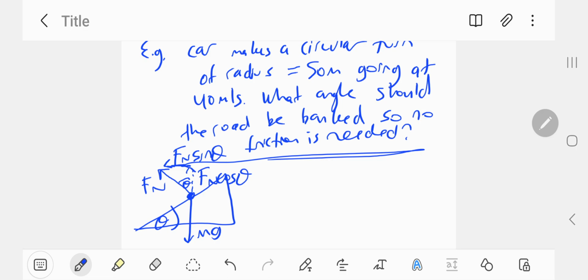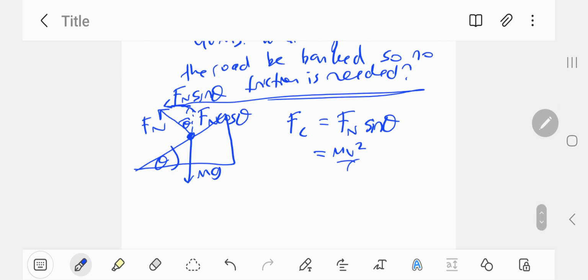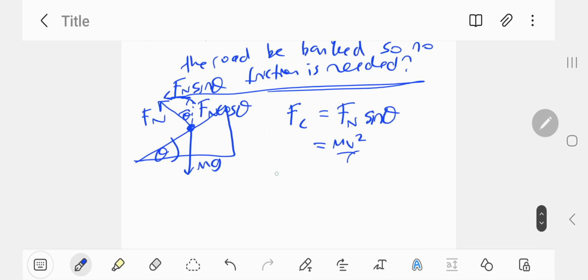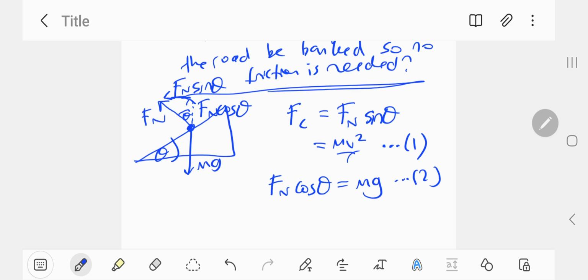So let's use what we used before. We know the centripetal force is just equal to the horizontal component of the normal force, which is just F sub n sine theta. That's m v squared over r. And we know that the vertical component of the normal force is just F sub n cos theta. That's equal to the weight force mg. So we've got two expressions here. Let's do what we did before.